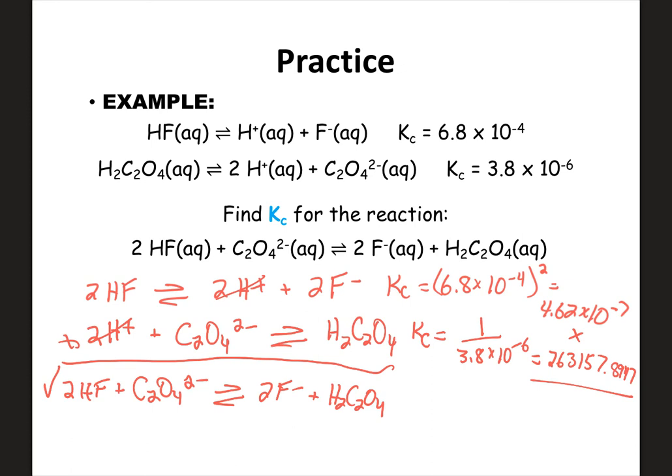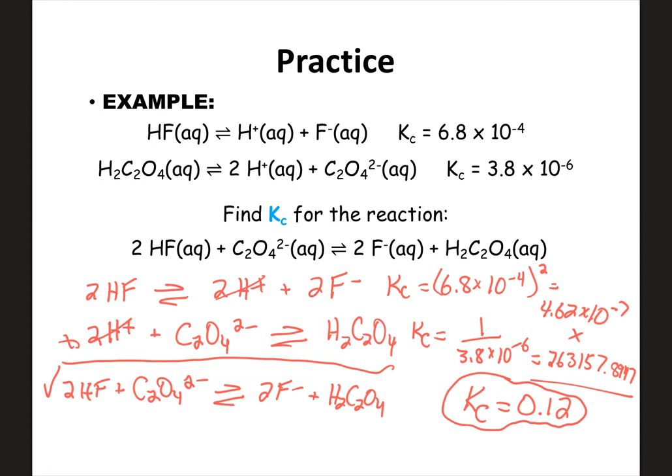You have to take into account the stoichiometry and the flipping here. I already got my new K values, so I'm going to multiply them together to get my brand new K value for this target equation. And when I do the math with correct sig figs, I get the Kc to be 0.12. All right, so that would be the K value here for my new target equation.